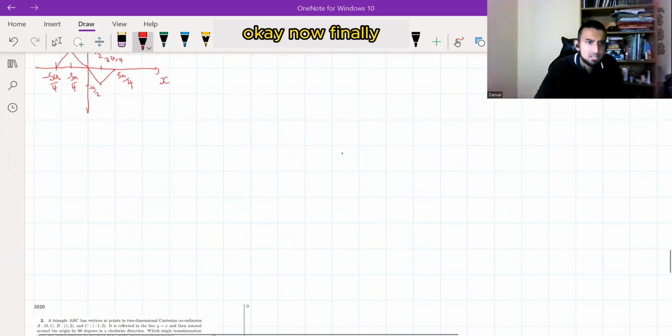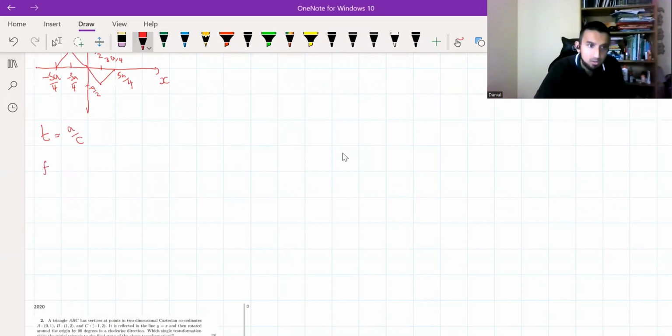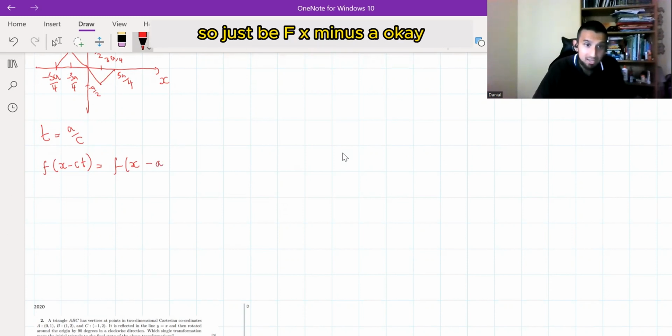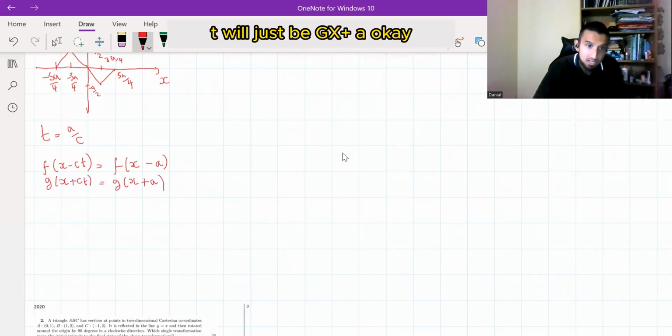Okay, now finally, let's look at the situation where t equals a over c. So f(x) minus ct will be f(x) minus c times t. I mean, the c cancels out, so it'll just be f(x) minus a. Okay, and g(x) plus ct will just be g(x) plus a.